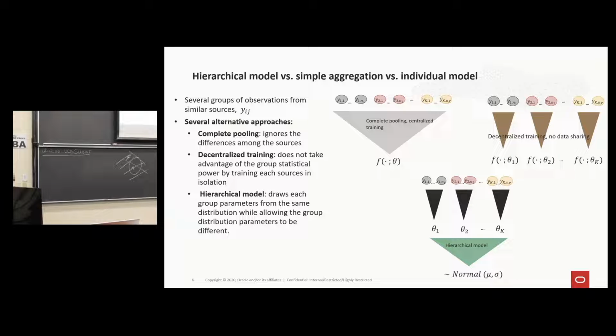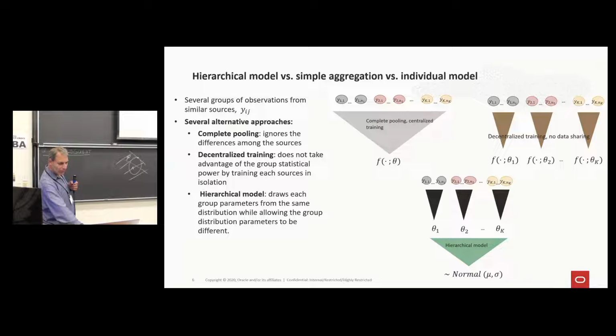Hello, everyone. So my name is Recep, and I will describe the hierarchical model that we use. A hierarchical model is used for data that has multiple levels. In our case, we have different properties in the same hotel chain. So this can be modeled in two extreme ways.